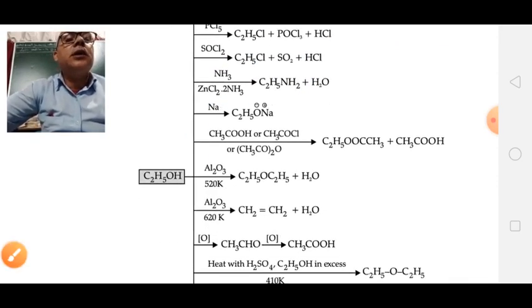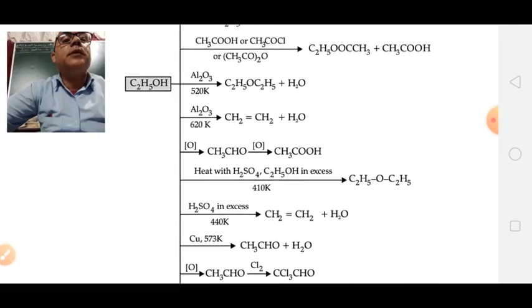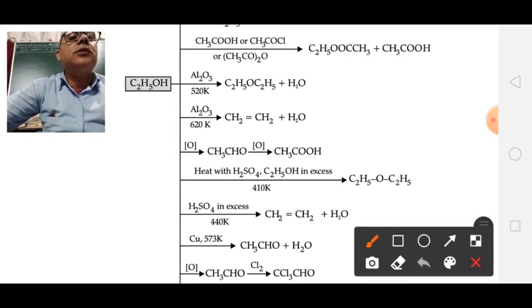Some other properties are here. What are these? With acetic acid or acetyl chloride it gives acetate ester. With aluminum oxide it gives ether. Similarly, with aluminum oxide at high temperature it gives ethene.